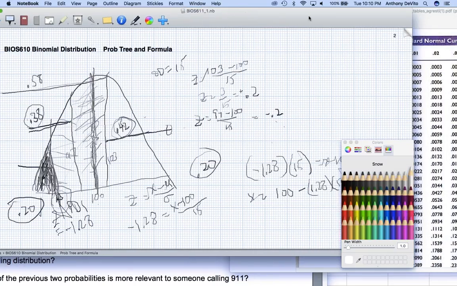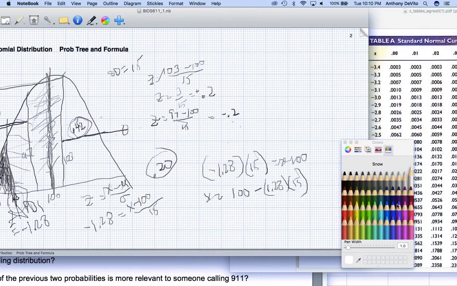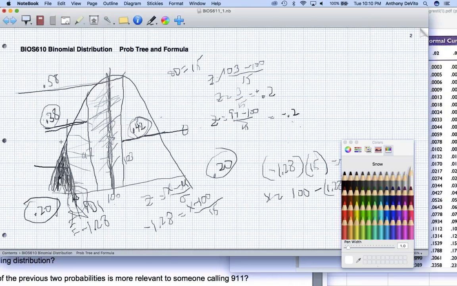So if you want, you could work that backwards. In other words, you could check yourself by asking, if the value of the PDI is 80.8, 81 let's say, does that really represent the bottom 10%?